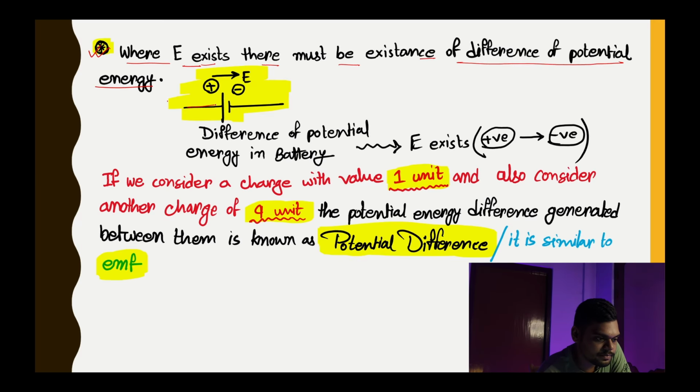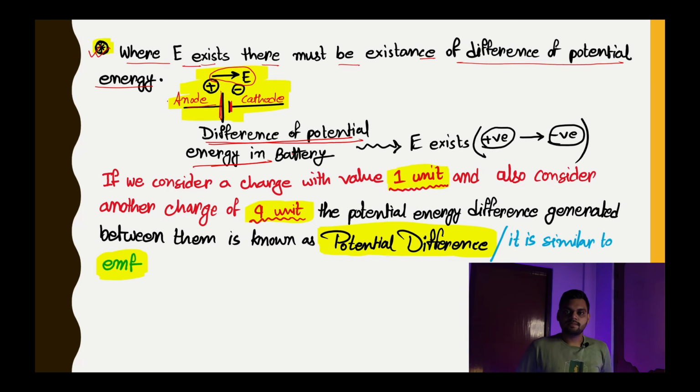We have a battery. This is the positive terminal, which is the anode, and this is the negative terminal, which is the cathode. So we are saying, if an electric field line is present in the system, there must be a potential difference in this system.